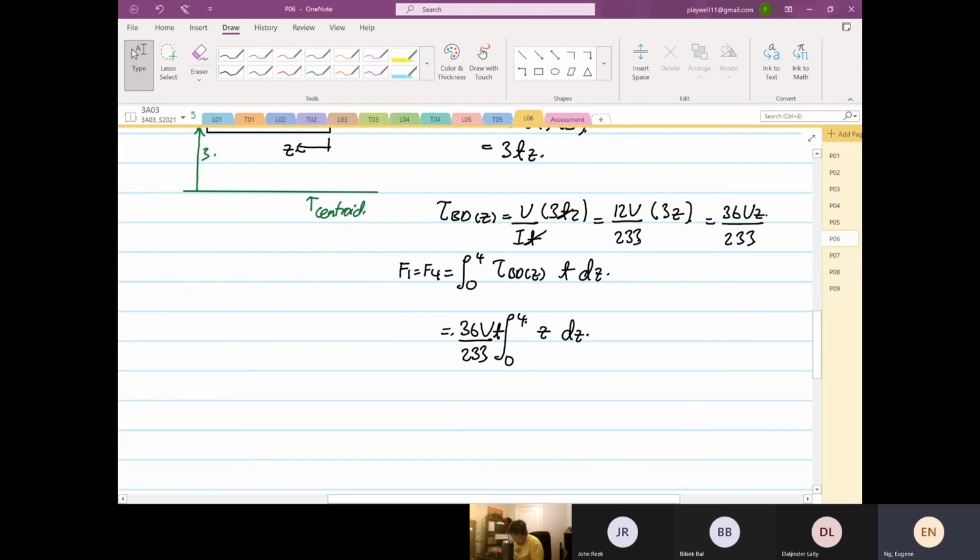This is equal to Z squared divided by 2. So 36 over 233 V multiplied by 1 over 8, and then Z squared divided by 2, with limits 0 to 4.